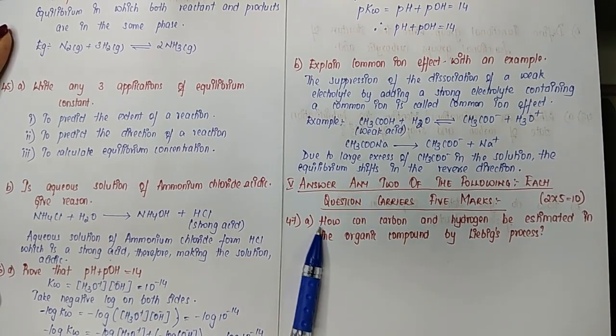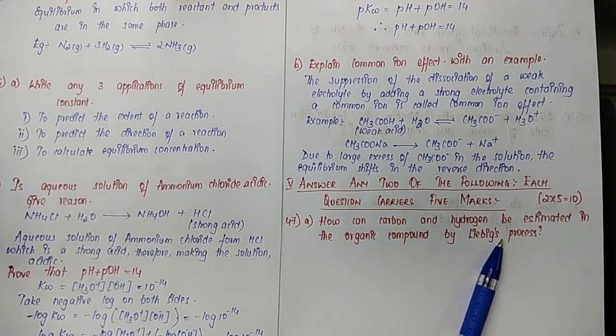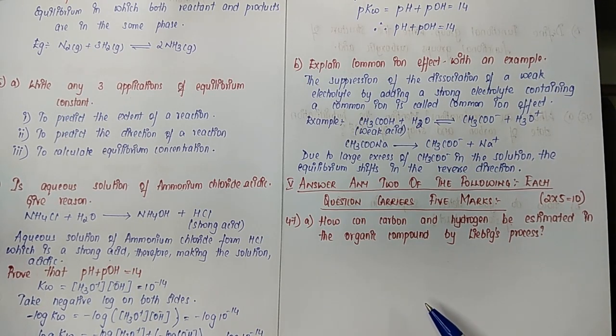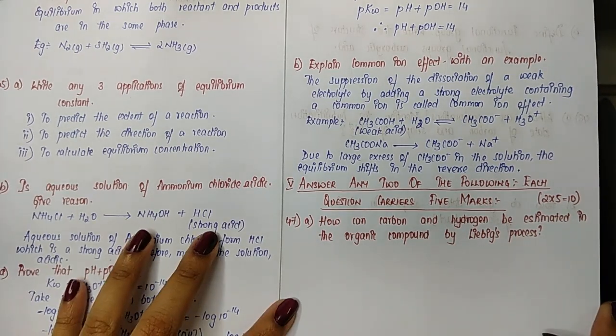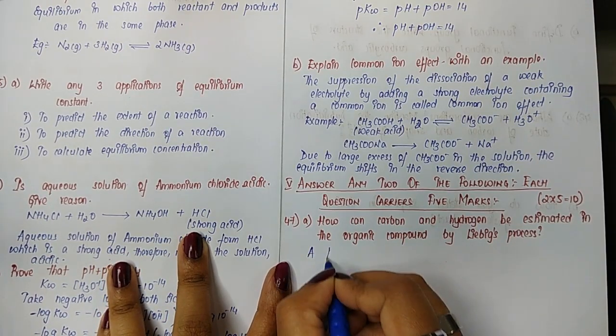Here the 47th question: how can carbon and hydrogen be estimated in an organic compound by Liebig's process? When the term estimation comes, it's basically talking about quantitative analysis. So let's see how to write this down. Here we can write the entire process itself.